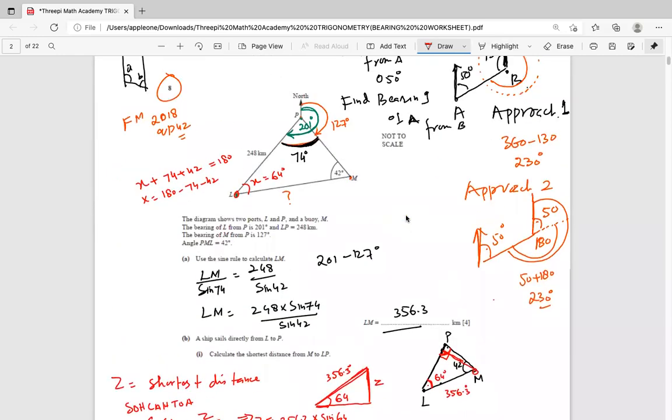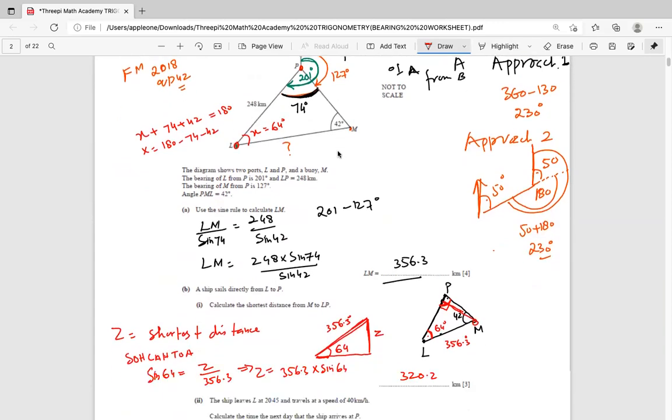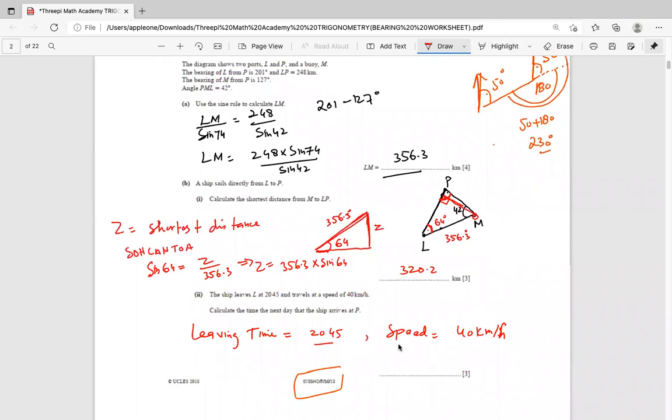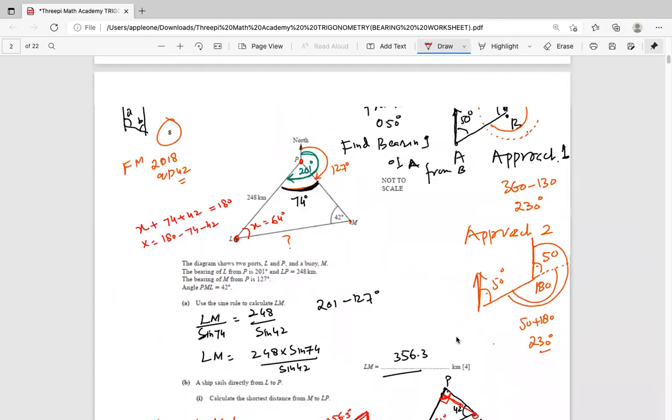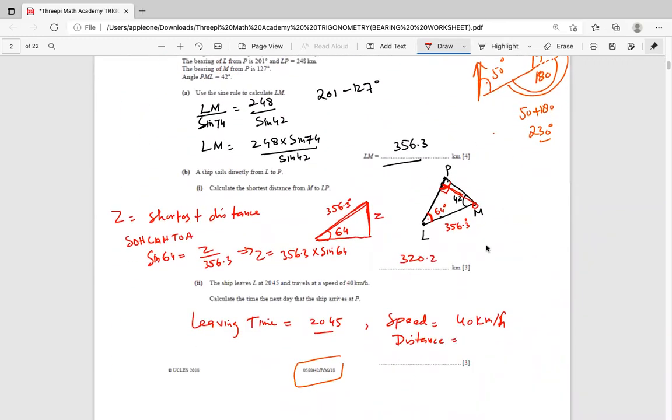Okay, fine. The ship leaves L and arrives at P. So speed is 40 kilometers per hour. Distance is given there: 248 kilometers. What is the time? We know S is equal to VT, so distance is equal to velocity into time.